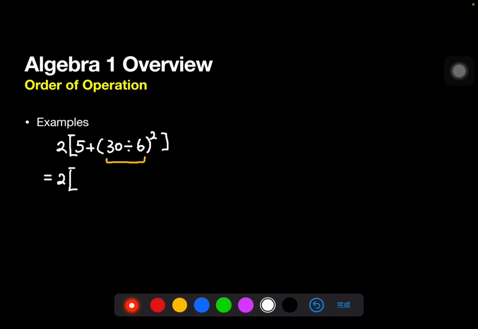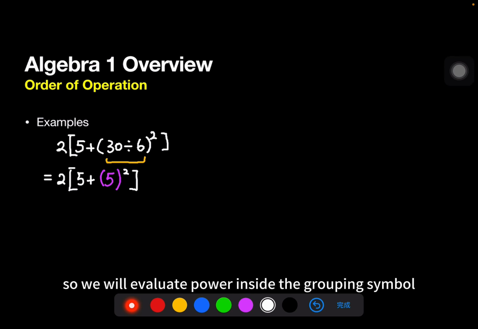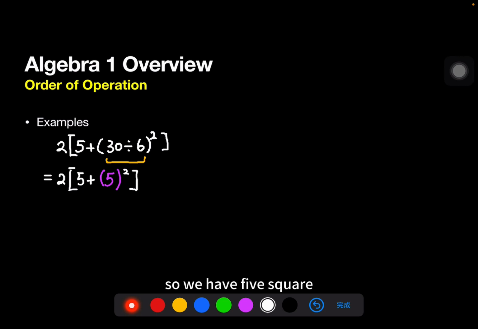So we will have 2 bracket 5 plus, inside the parentheses is equal to 5, so 5 squared bracket. And then following the order of operations, we will do the power, right? So we will evaluate the power inside the grouping symbol. So we have 5 squared, it is equal to 25.